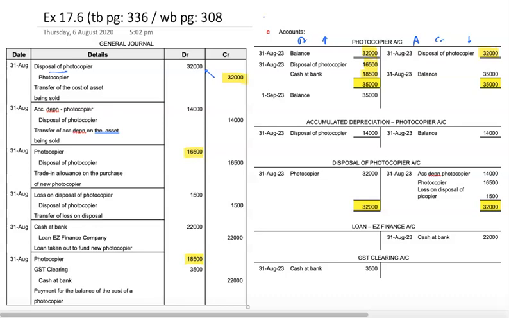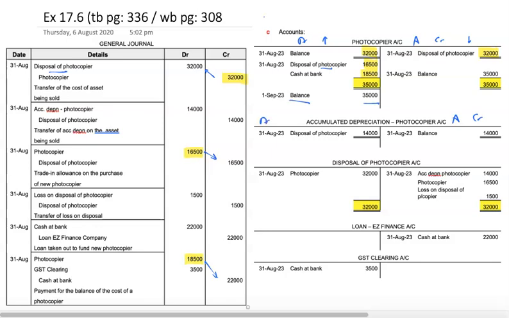And my relevant cross-references are going to be disposal of photocopier and cash at bank. And this then leads me to a balance of $35,000 because assets get balanced. My accumulated depreciation, my asset going down, so credits and debits.